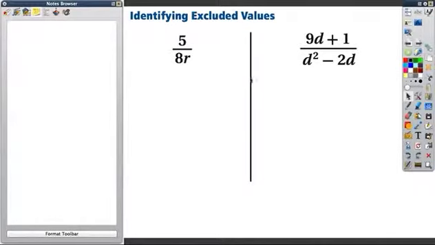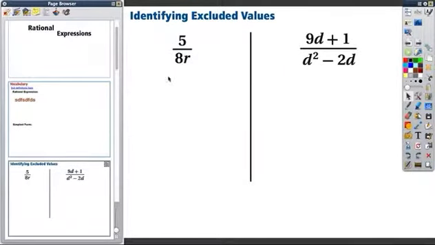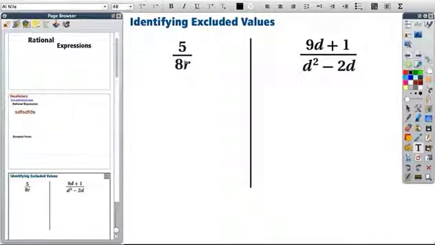Now let's look at page number 2. On page number 2, you're only going to identify the excluded value, which is really easy. Remember, the excluded value is the value that we cannot have for the variable in the denominator.